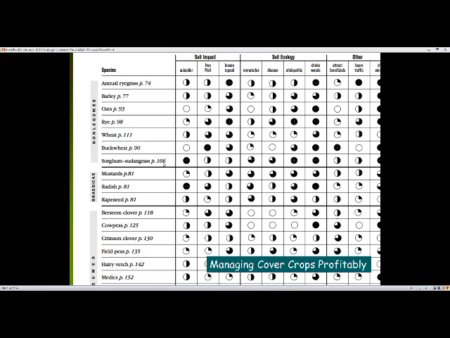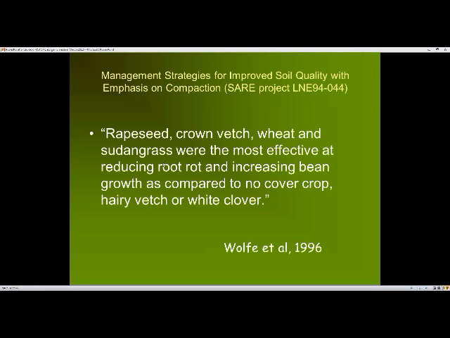So in a SARE project out of Cornell, they looked at management strategies, including cover crops, to improve soil quality, and they had an emphasis on reducing compaction. And they showed that rapeseed, crown vetch, wheat, and Sudan grass were very effective at reducing compaction and reducing root rot and increasing bean growth.